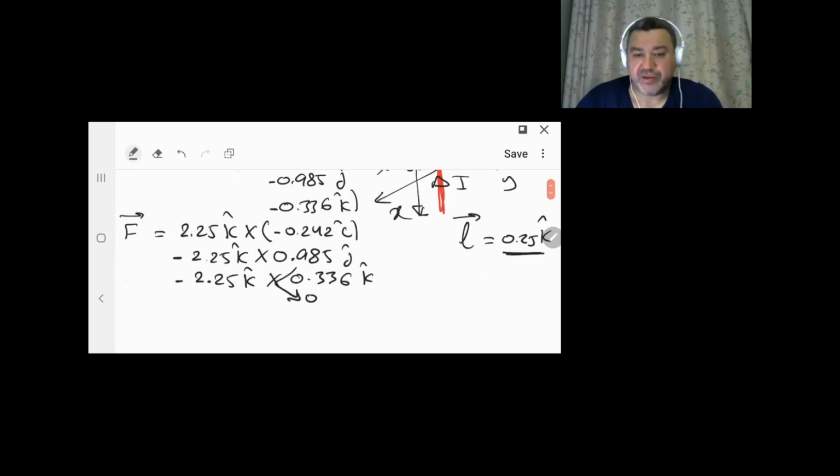Always remember that a unit vector cross itself is 0.